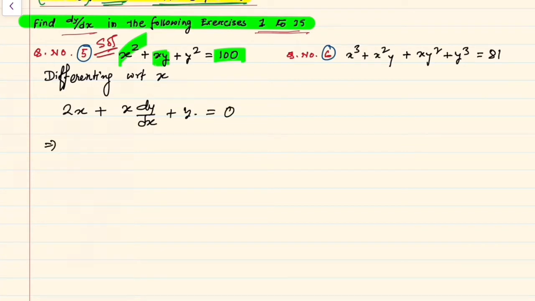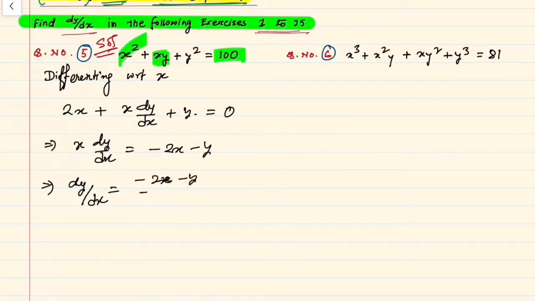So this implies x dy by dx is equal to minus twice x minus y, and that implies dy by dx is equal to minus twice x minus y by x, or you can write twice x plus y by minus x, sorry. You can write it this way also. So this is our answer, or this one. That's how we can solve this.